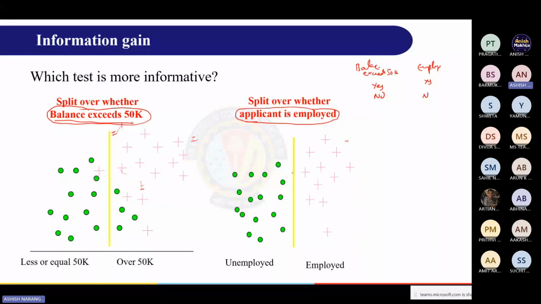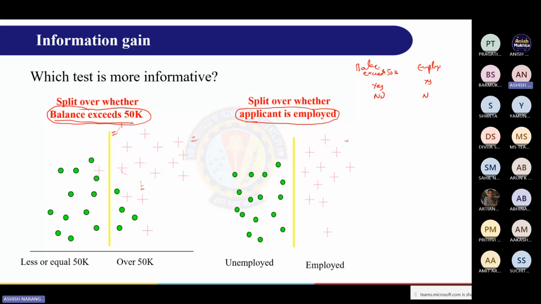Which one do you see is more informative or better, I would say, given the concept we have covered right now, right? Moving towards pure partitions. Which one do you see here is better for an attribute test at an upper level in the tree?